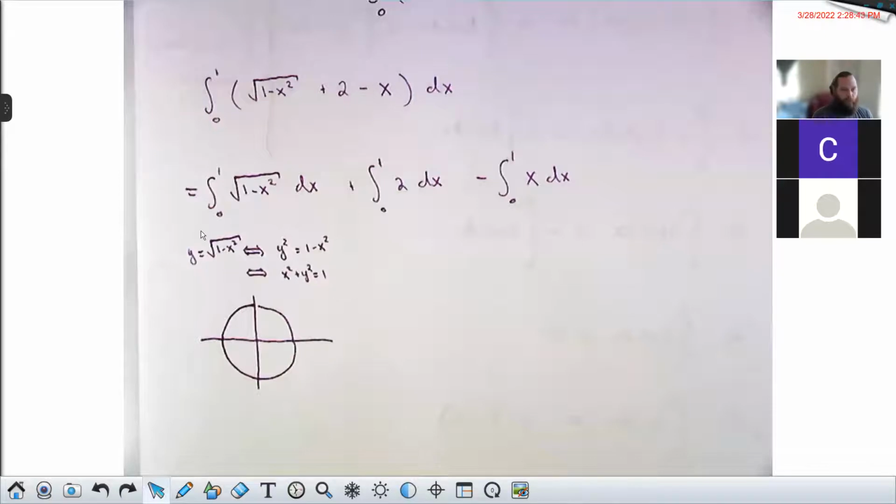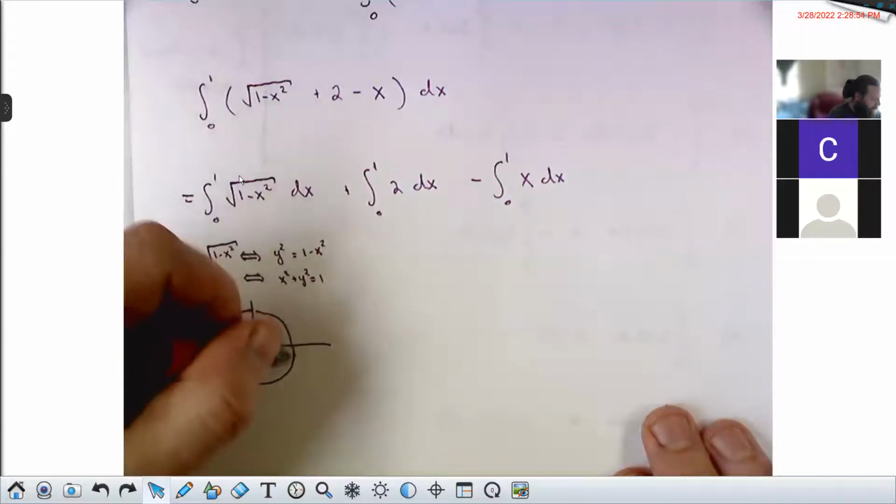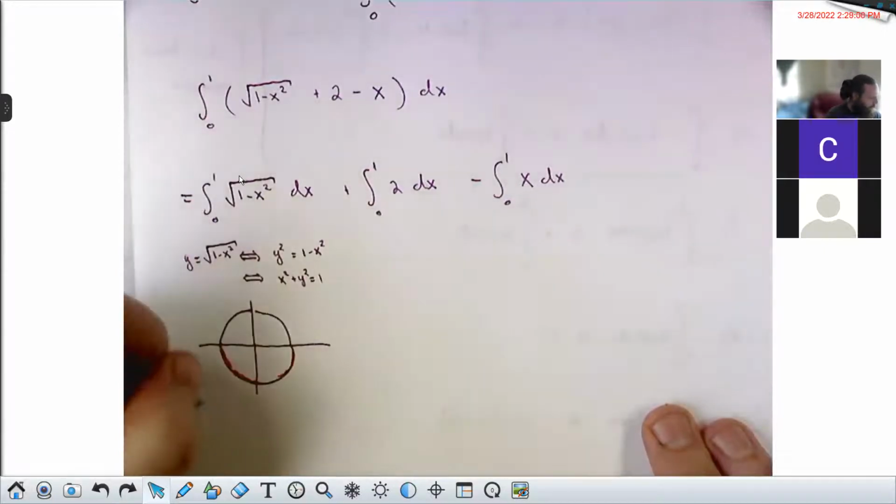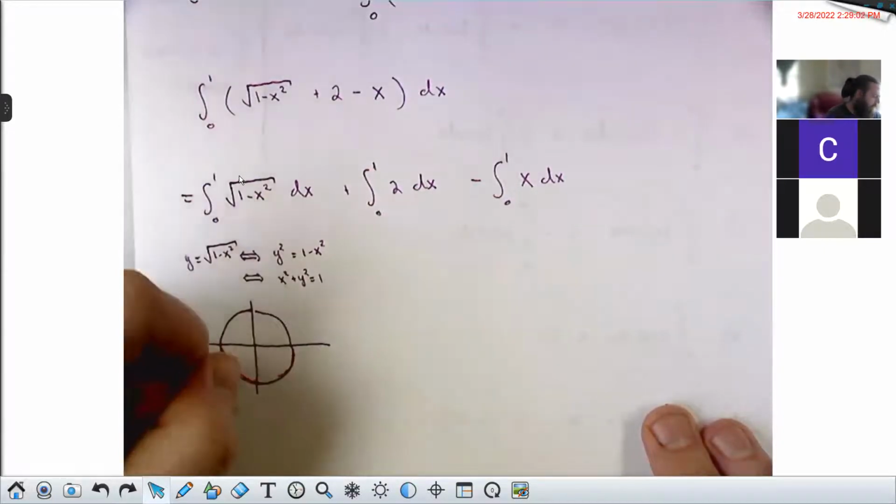Now, it's really just the upper semicircle, right? Let me show you in Desmos. So the upper semicircle is the positive square root. The lower semicircle here, which I'll try to shade in red, would be y equals negative square root of 1 minus x squared.